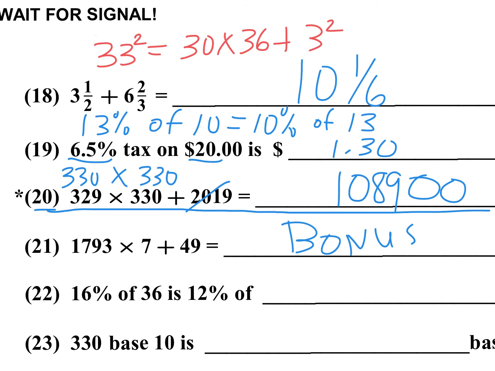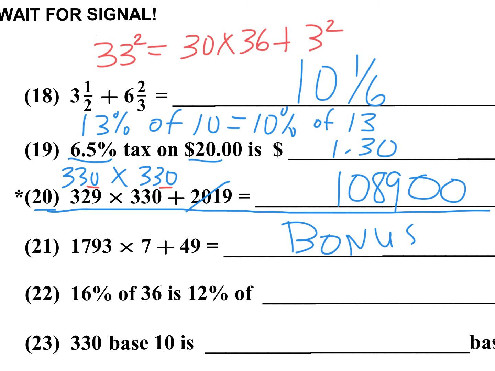And then to make up for that, you add 3 squared, which is 9. So instead of writing a 0, you write the 9, and then 3 times 36 is 108. So it'd be 1089. And then your 2 zeros for this problem, because we had 330 squared, not 33 squared. So that was for number 20. That's an approximation, and 108,900 is well within the range.